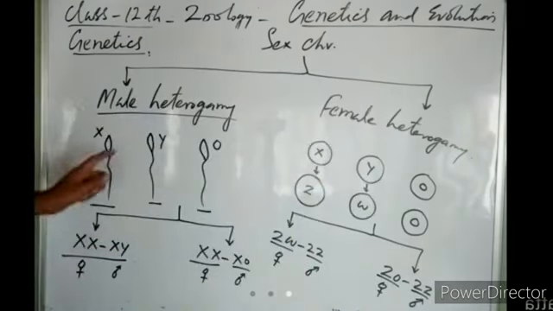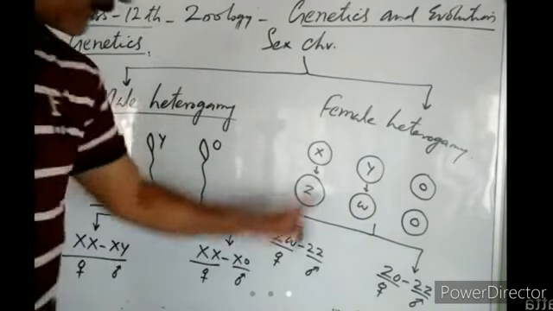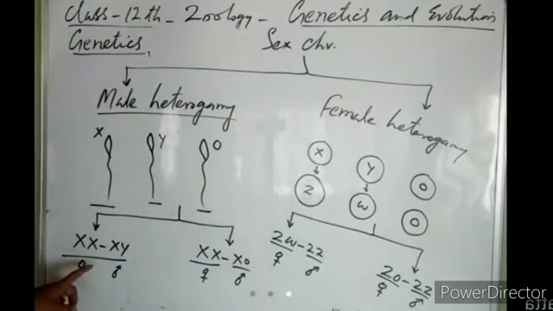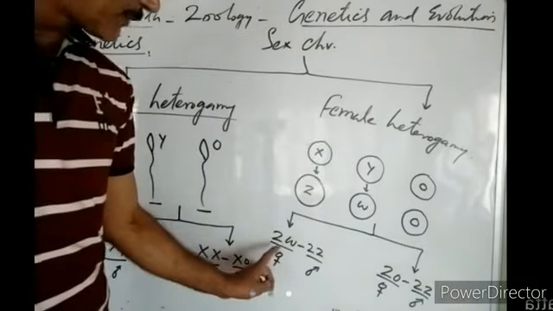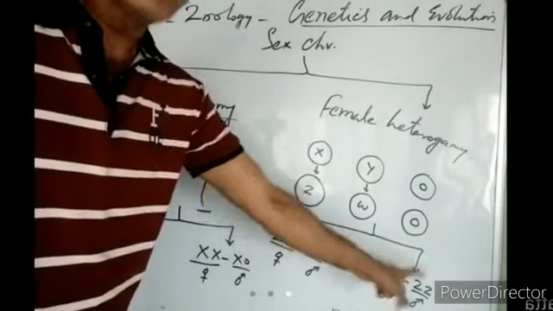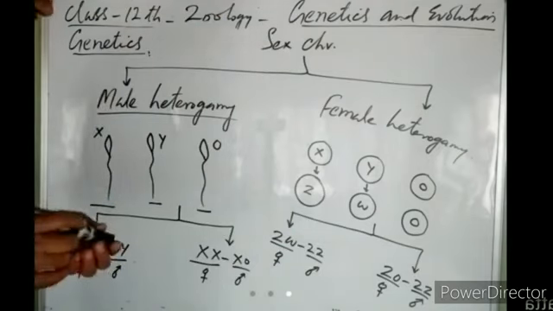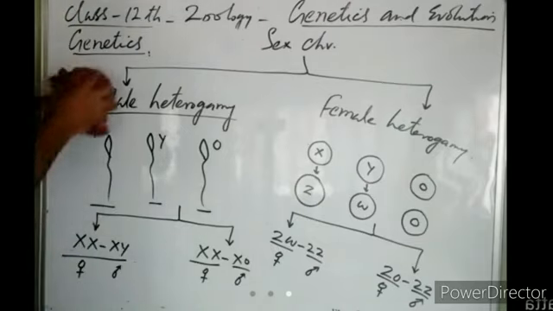So here the male is heterogametic, and here the female is heterogametic, right? So male heterogamy is of two types, XX-XY and XX-X0, and female heterogamy is of two types, ZW-ZZ and Z0-ZZ. Now we will discuss these conditions one by one. We will start with male heterogamy.